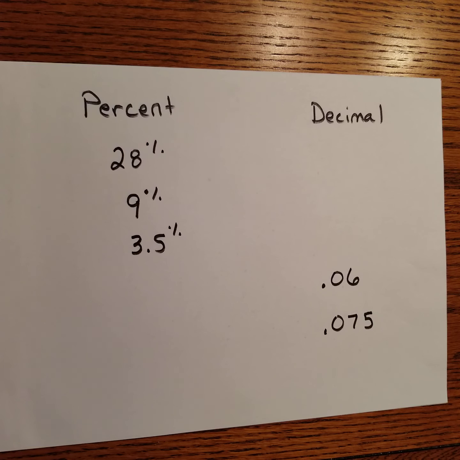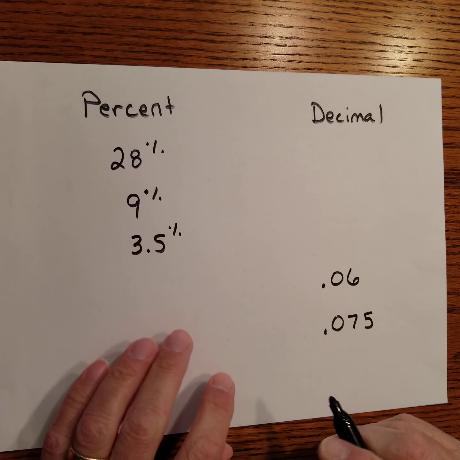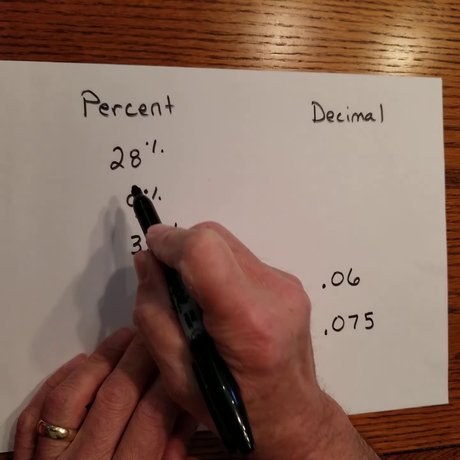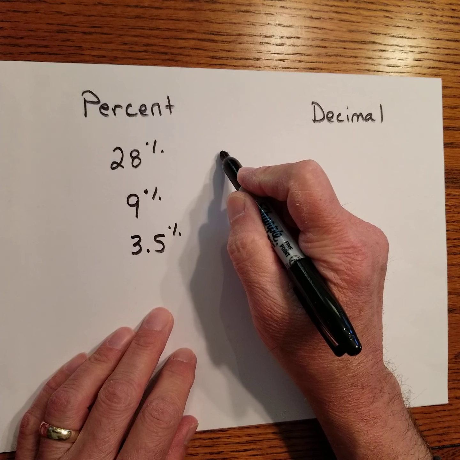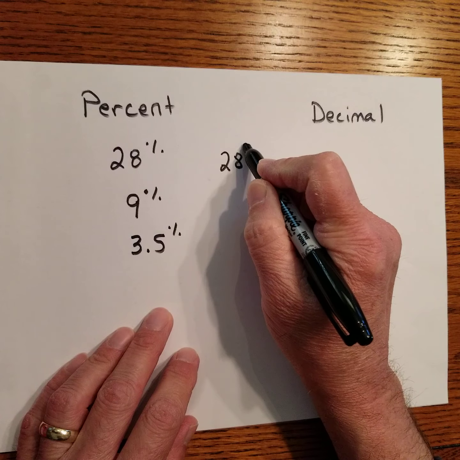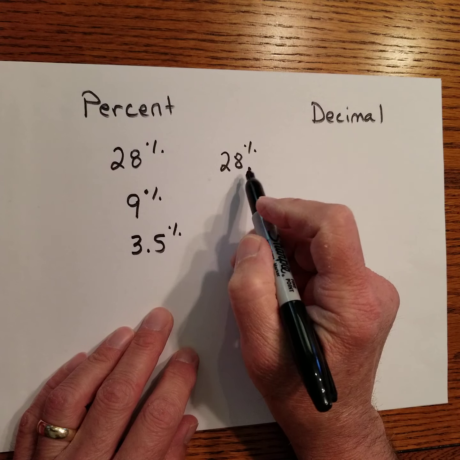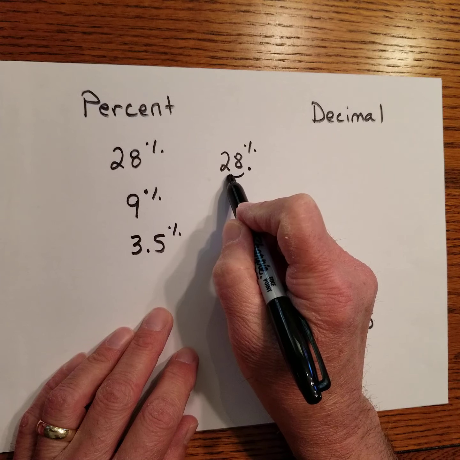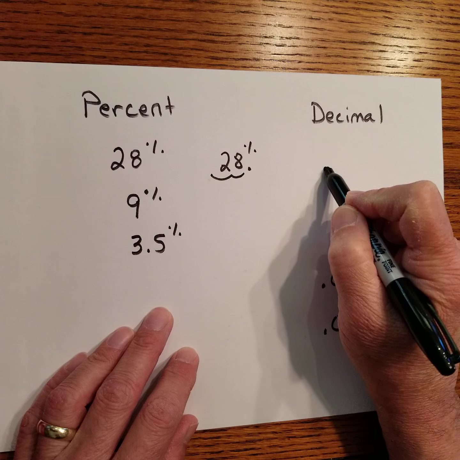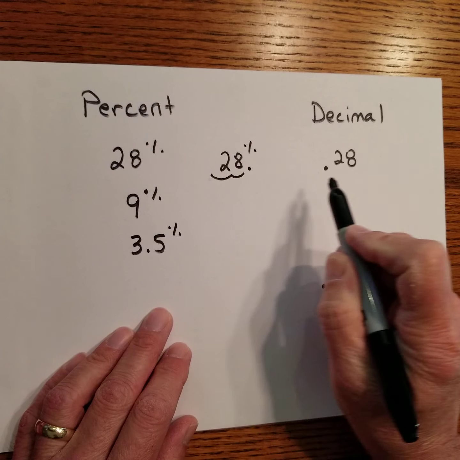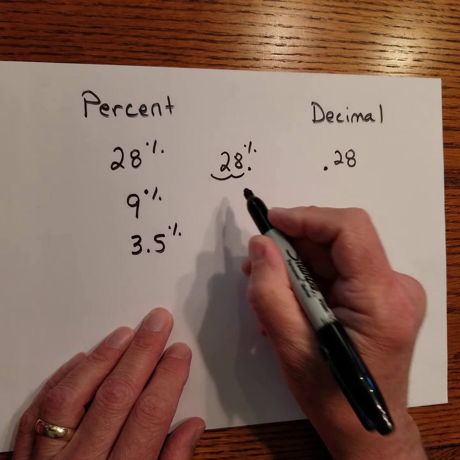Before we try an application problem, let's review how to change numbers back and forth between percentages and decimals. If I start with a percent, like 28%, to change it into a decimal, I move the decimal point 2 spots to the left. 28% is 0.28.